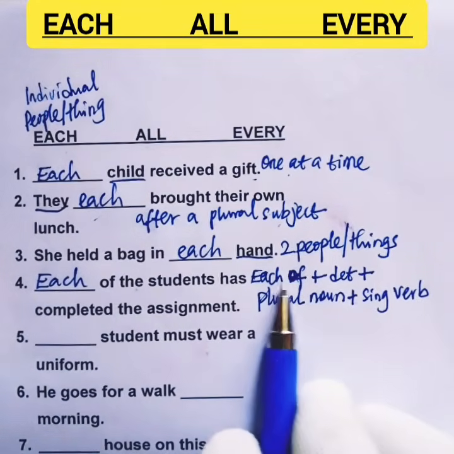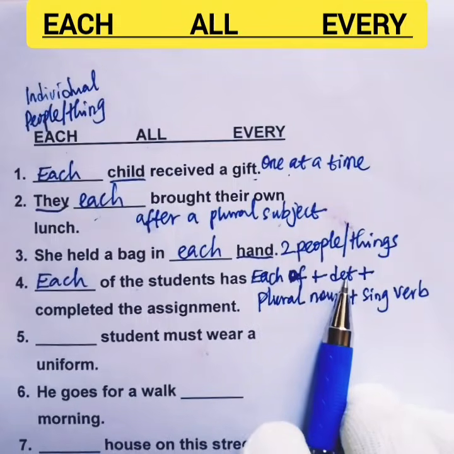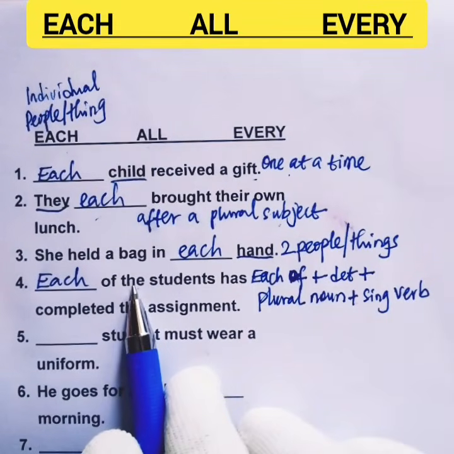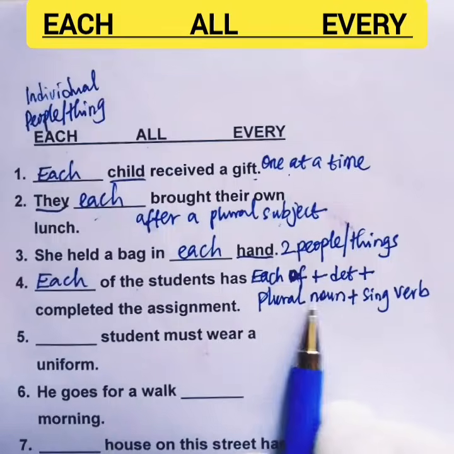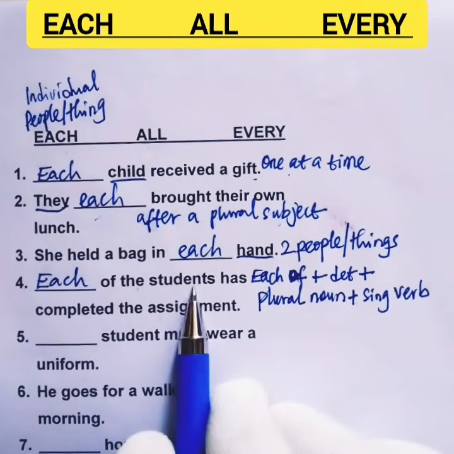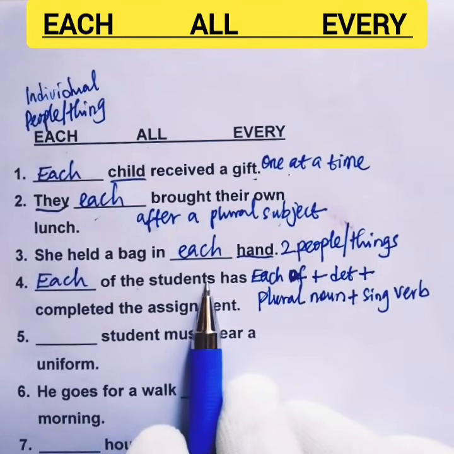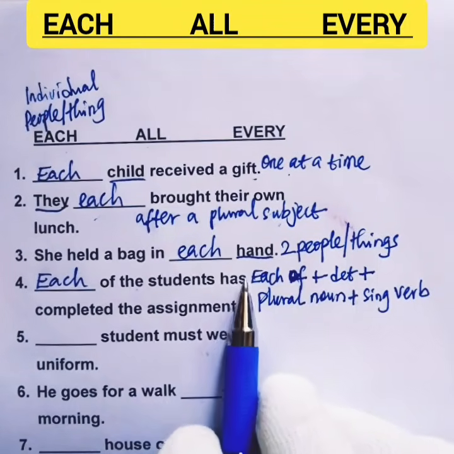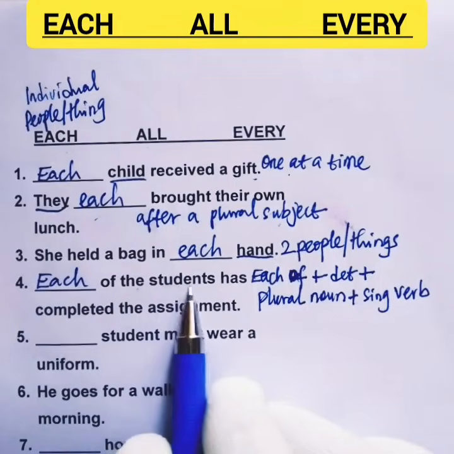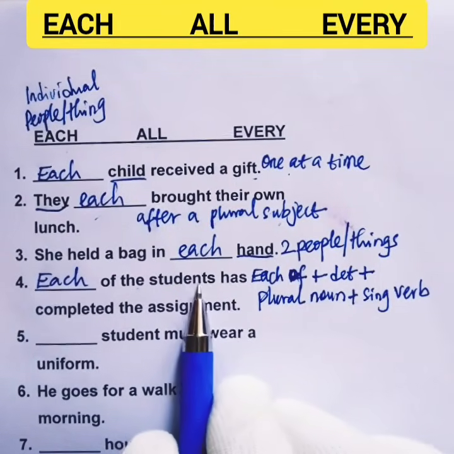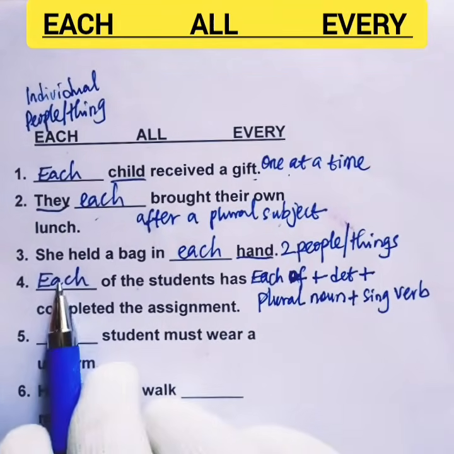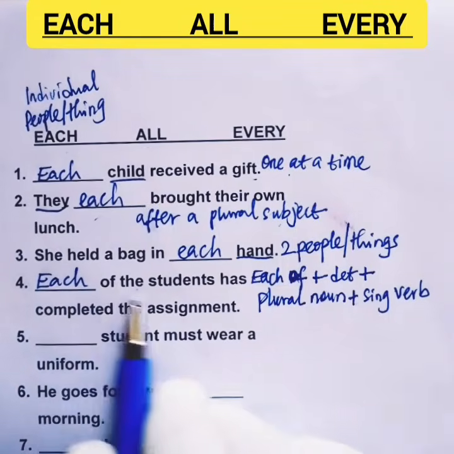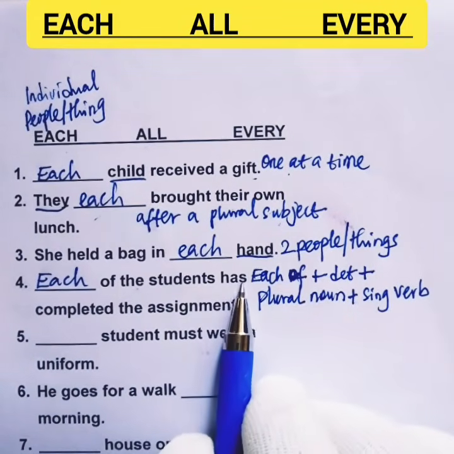So after each of, you introduce a determiner, which is this. Then your subject must be in plural form. You can see we have students here. And after that, your verb must be singular. We are using singular because we are not considering the plural subject. We are considering each. Each is singular, so has is used here.